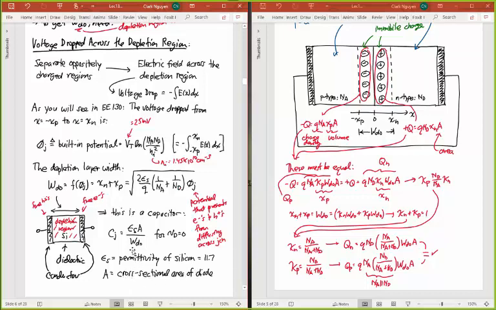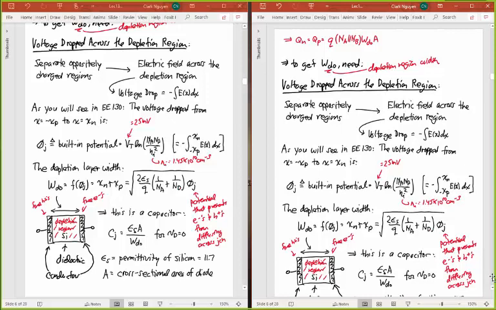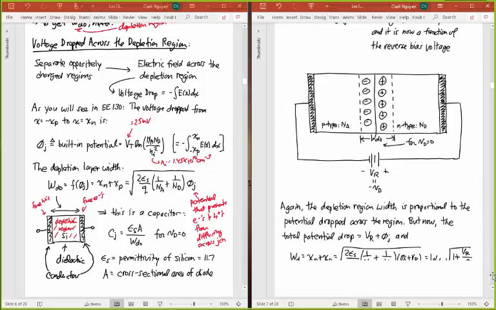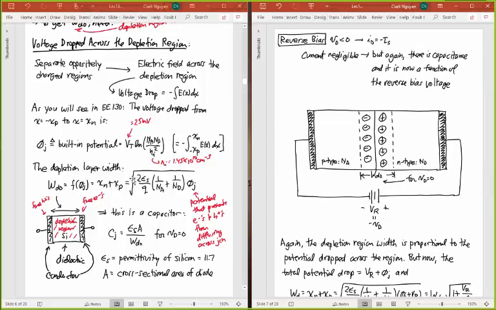So what I'm showing you right now is that when I've zero biased my diode, and I'll extend this later on to when I put negative bias across the diode, meaning the voltage across this from the P to the N is a negative voltage, this looks just like a capacitor. And so that looks like a capacitor right now.